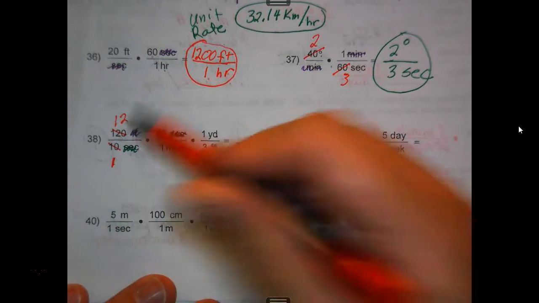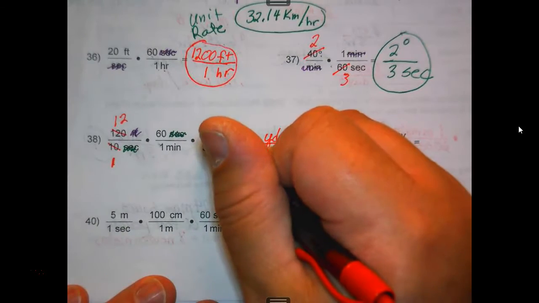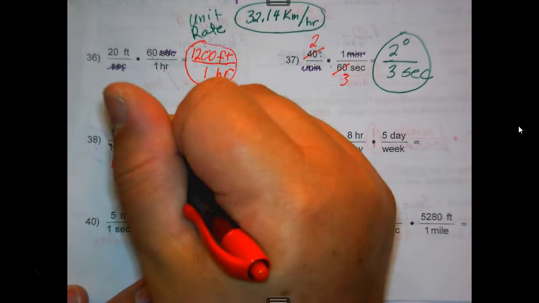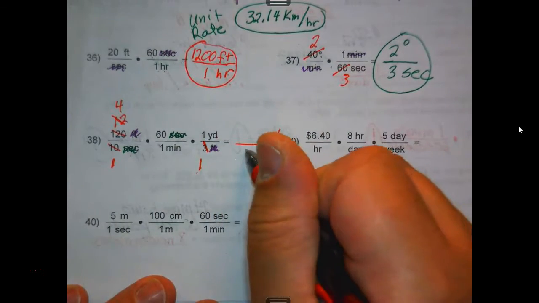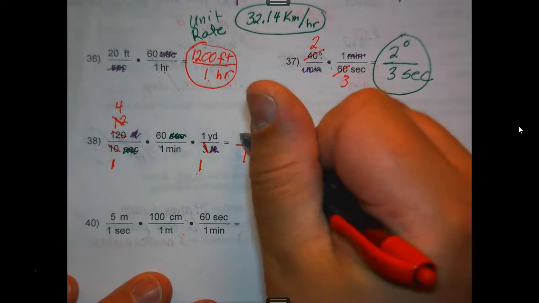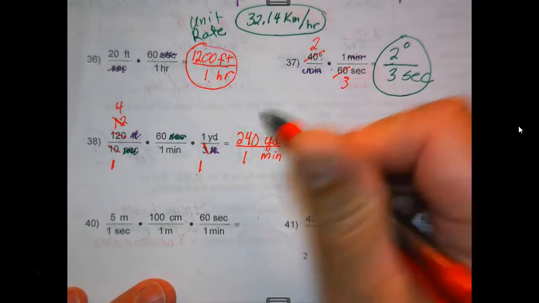No, we can only do one. But we can do 3 goes into either 60 or 12. Let's do 12, 4 times, good. Then I get my ones on the bottom. 4 times 60 is 240.